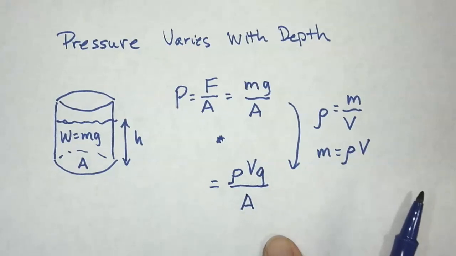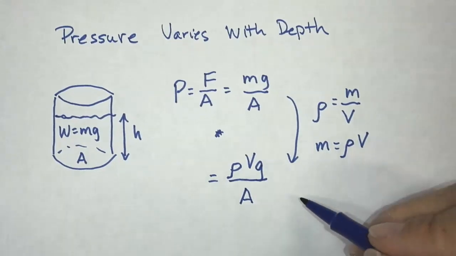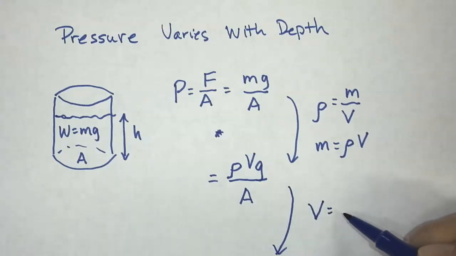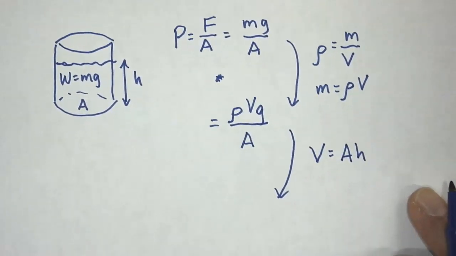Okay. So next, I also know that to find the volume of a cylinder, it's the base area times the height.